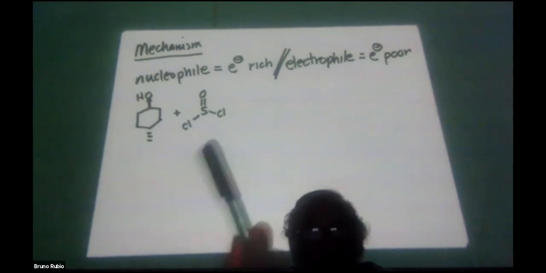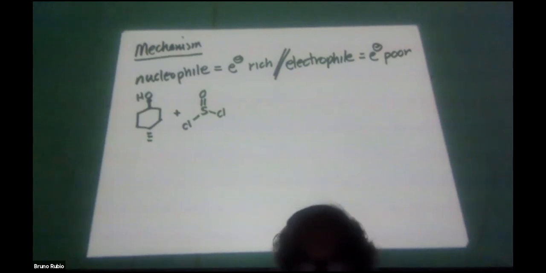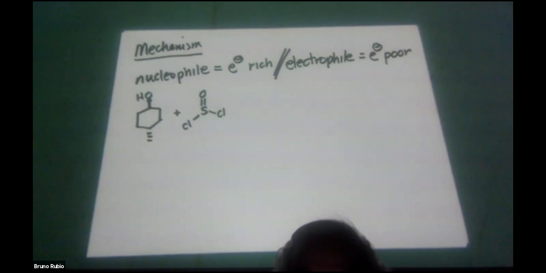So look at these two and tell me who is the electrophile. Okay, the electrophile is SOCl2, but I need something a little more to the point than that. Yep, the SOCl2 has the electrophile, but what is the actual electrophile?